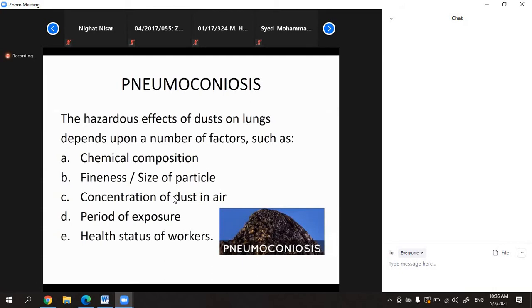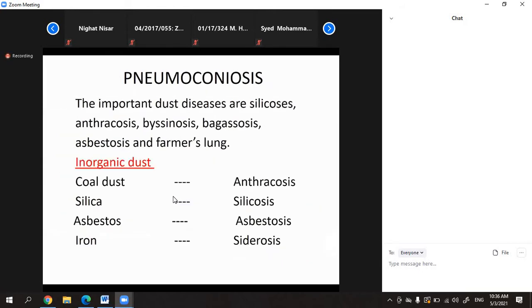Again, the size of the particle is important, as we have seen in our previous slides, that the smallest size of the particle can reach the alveoli of the lungs and can cause serious damage to the lungs. And then the chemical composition is also important, and this is how pneumoconiosis progresses.